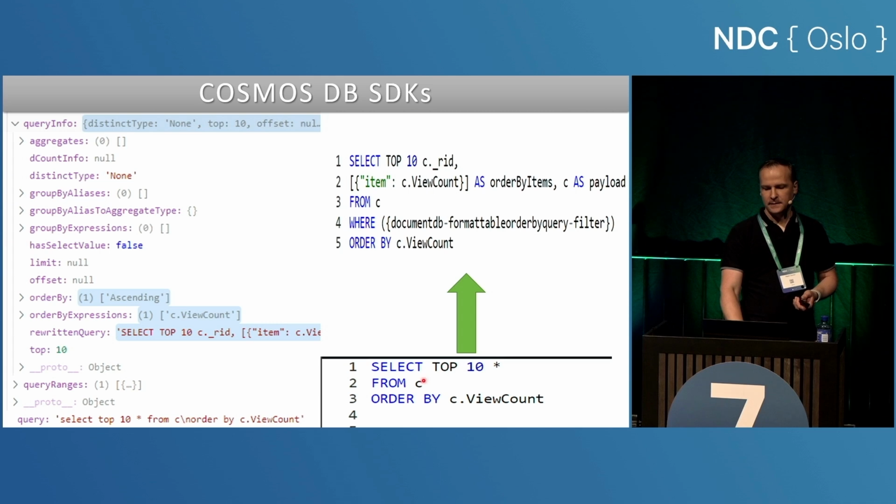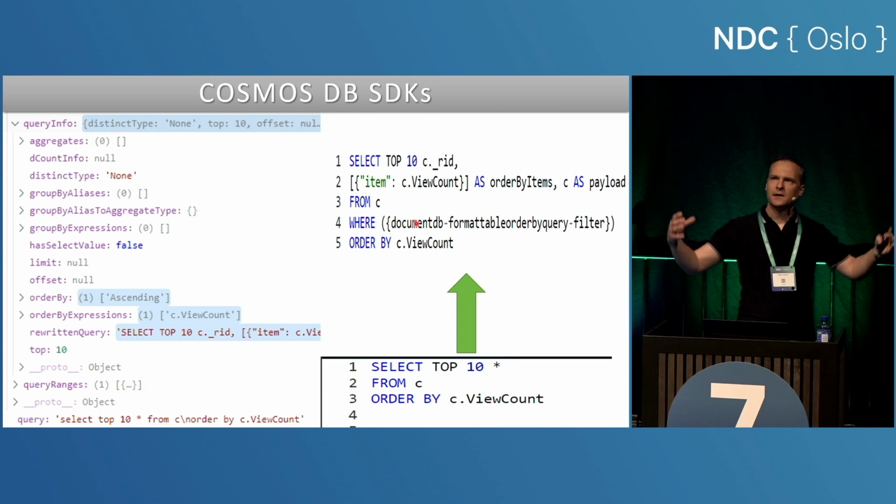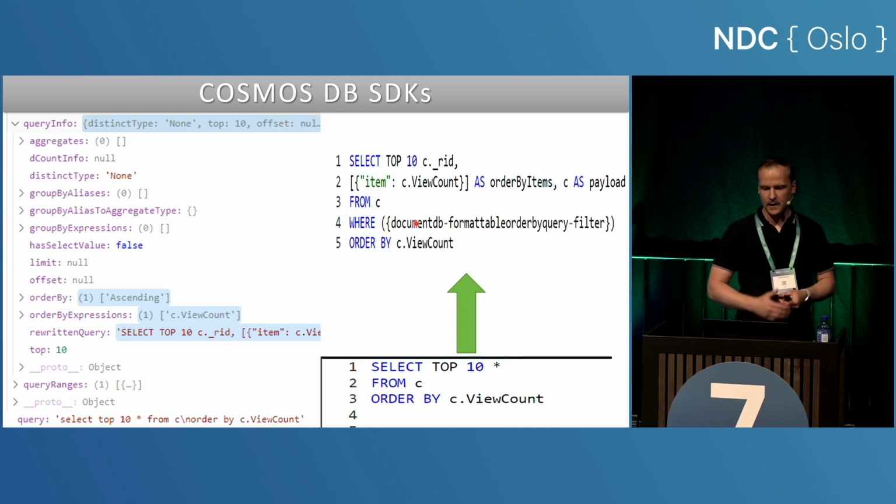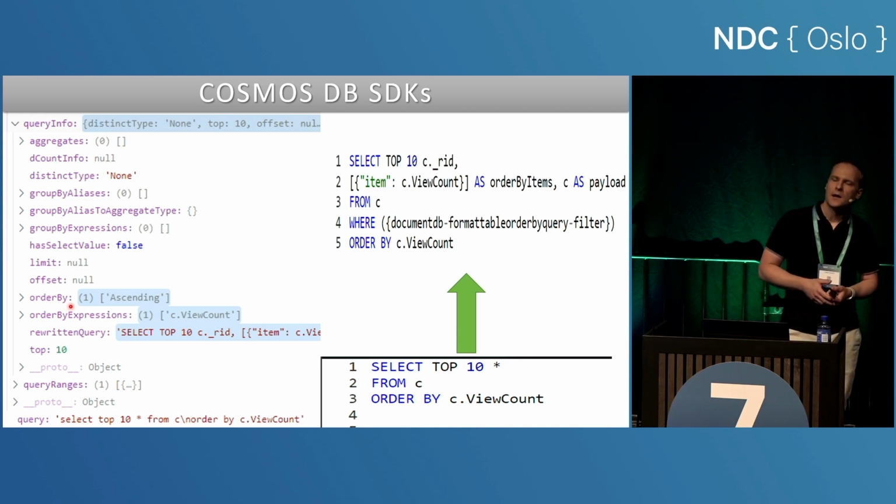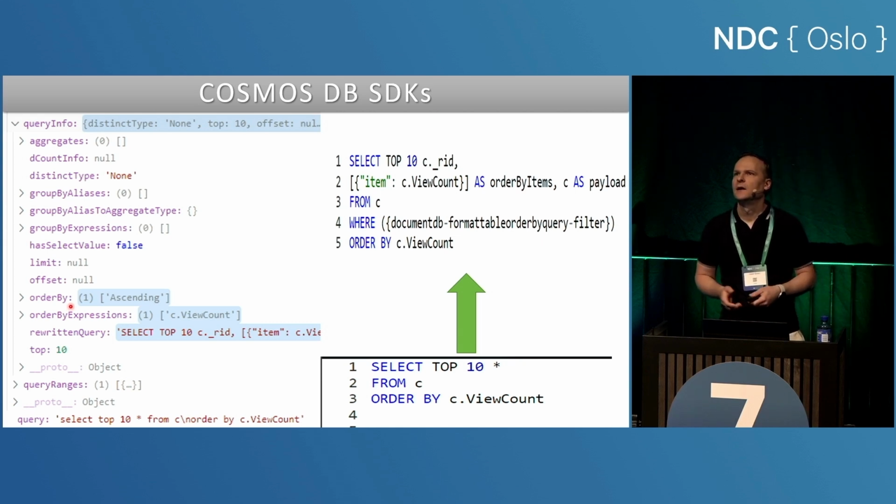So in our case, this is our query, and that query is getting rewritten by the SDK to make it easy, when the data comes back, to order by or find the data it needs. So as you can see, it senses I have a select top 10 here, and also I have an order by. So depending what you have out there, SDK actually rewrites your query.